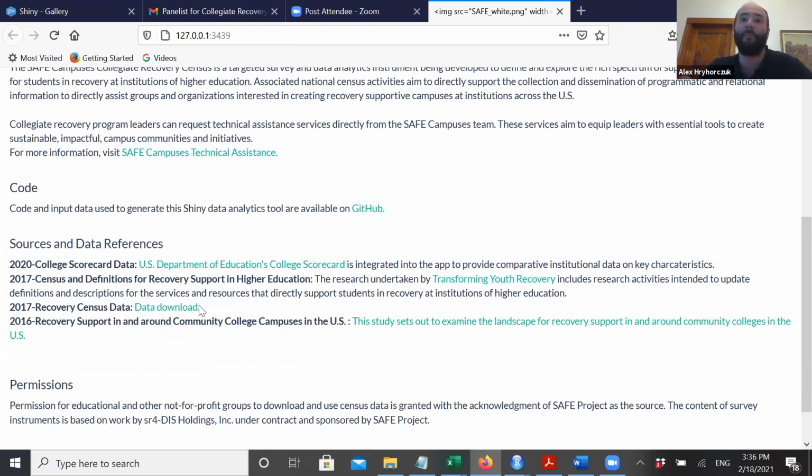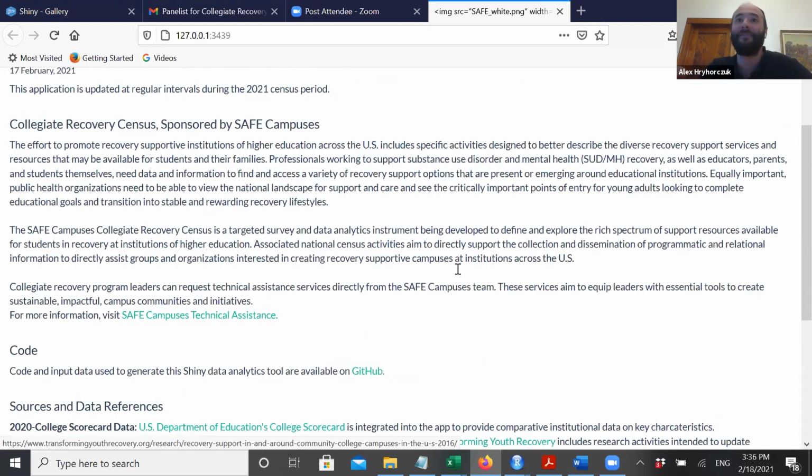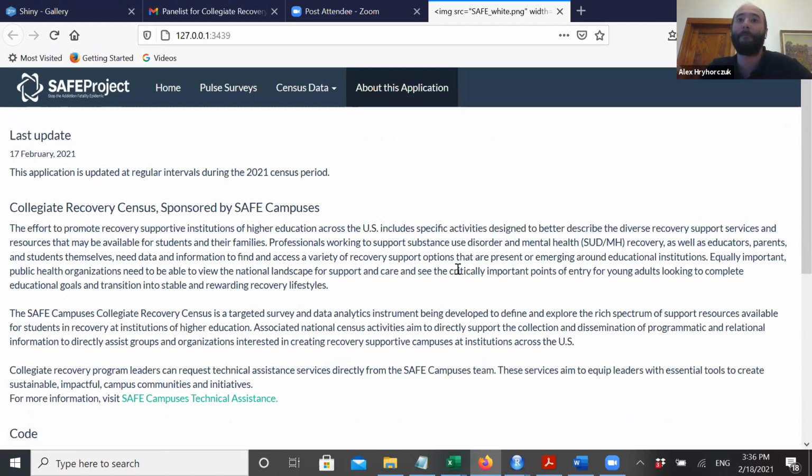If you want the data from the 2017 census to do a comparison with the 2020 census, I'm sure it's going to end up being work that I do down the line. But the link is here. You can go and check it out. And that's it as far as what we have now.